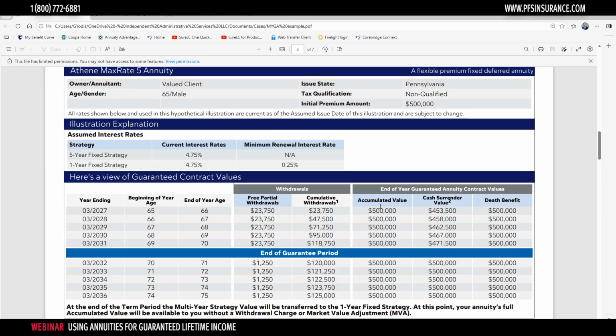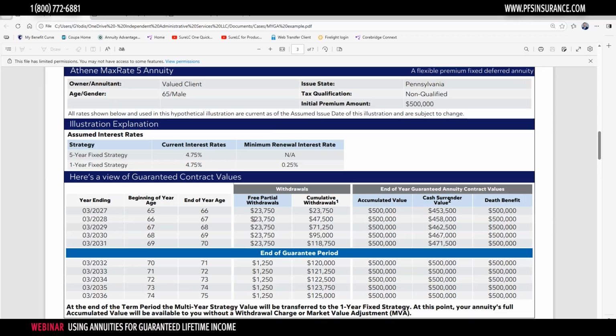He's going to put in $500,000. His 4.75% interest is going to equate to $23,750, right? That's what he's going to get each year in income. He's not even touching the principal. His principal is going to stay at $500,000 because we're only taking out that interest.